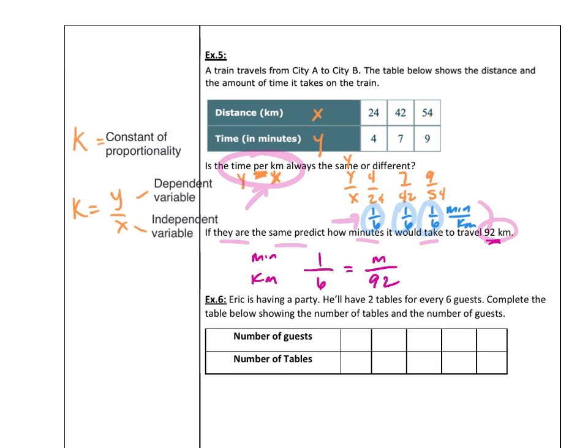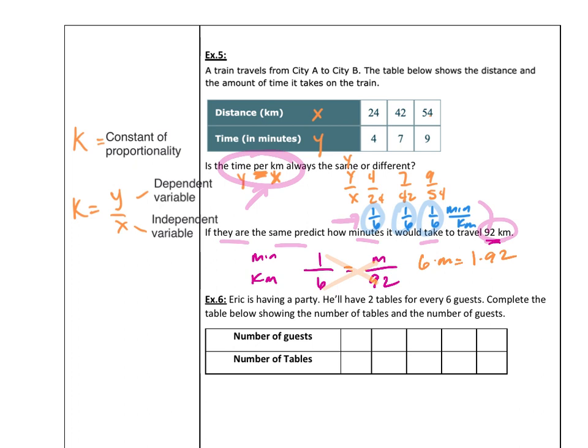So at this point, if you want to just get used to one way, the most productive, the easiest, most accurate way, the one that's going to work every time is to use cross products. So you just say that I have 6 times m equals 1 times 92, which is just 6m equals 92.